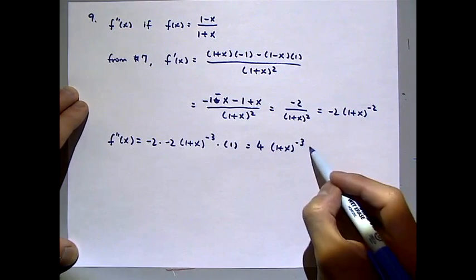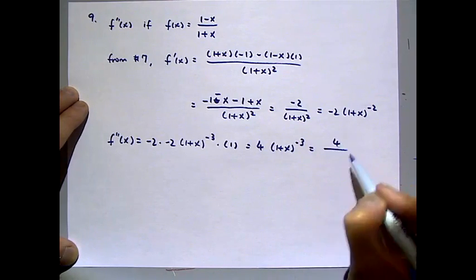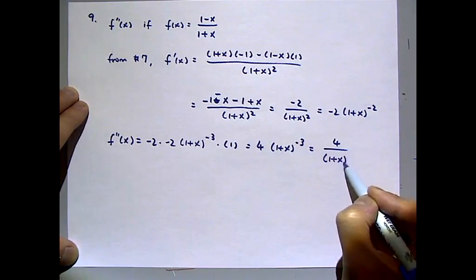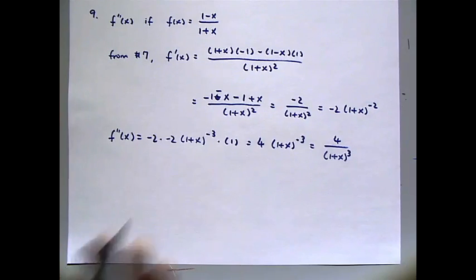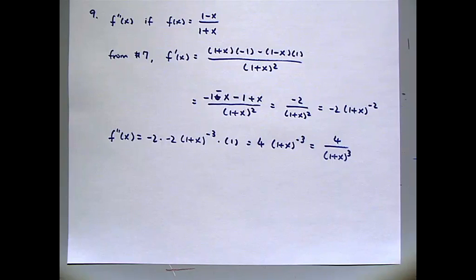In quotient form, this would be 4 over 1 plus x to the positive 3. If you want a third derivative, that's also pretty easy to do. This thing really doesn't get any more complicated than that.